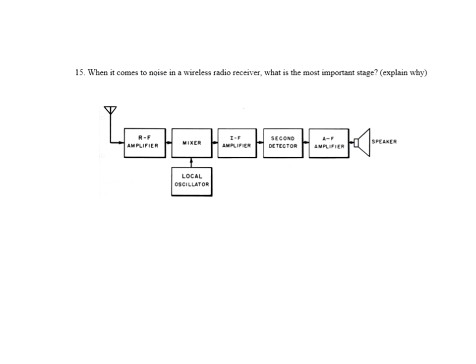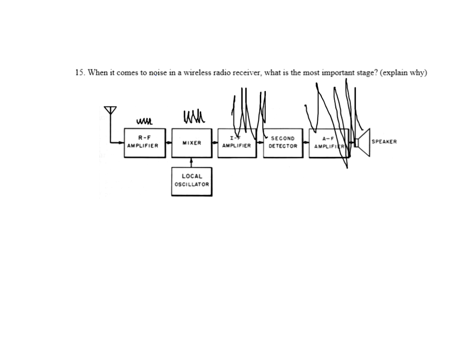Even if it's a really tiny amount of noise, as it passes through, it's going to be amplified higher and higher. And I'm going to get static and buzzing and nastiness out of the speaker because it's amplified through all the blocks in the block diagram. So the most important stage when it comes to a receiver is always the first stage. But it's important for you to know what stage is the first stage. It's the RF stage in a wireless receiver.